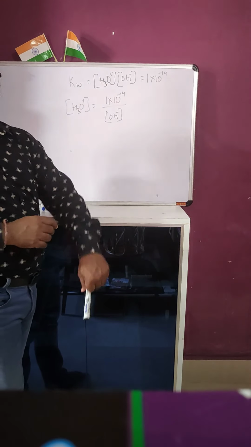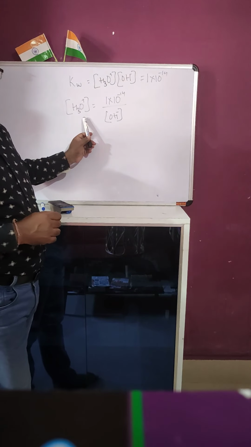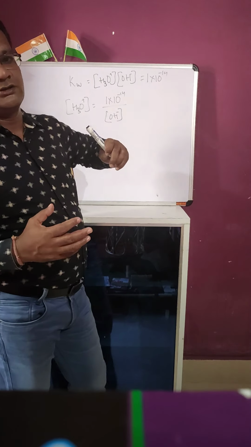If I add acid to water, H3O plus ion will increase, so the concentration of hydronium ions will be more than that of hydroxide ions. But adding acid to water, or a base to water, the concentration of H plus or OH minus ion will decrease per unit volume.